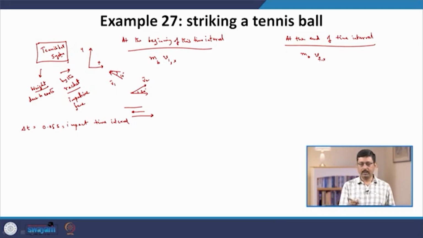Then if we look at the difference, this difference must be equal to the external forces acting on the system. Now, in this case, consider the horizontal direction. The gravity does not have a component in the horizontal direction. So, the only external force must be due to the racket.